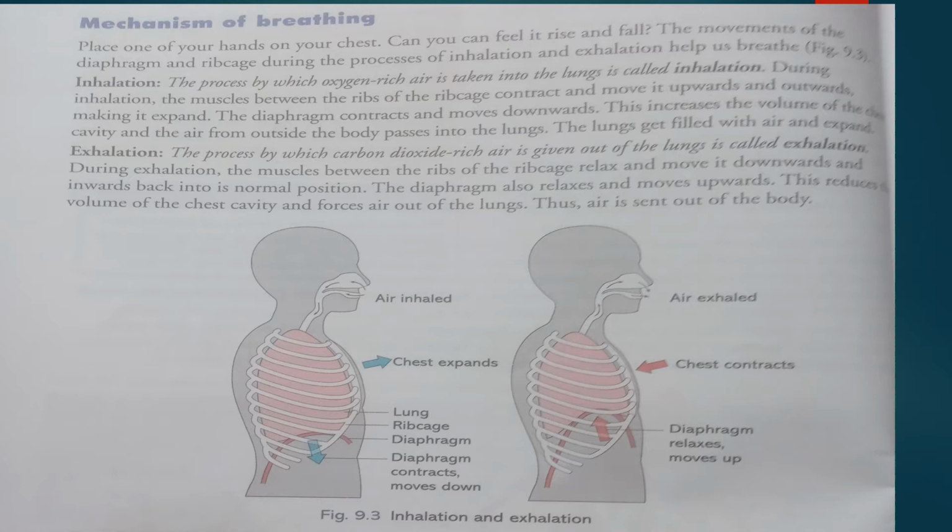So remember, when we inhale oxygen, during that time our rib cage goes outward and upward, and our diaphragm goes downward. Similarly, when we exhale carbon dioxide, our diaphragm moves up and our chest contracts.